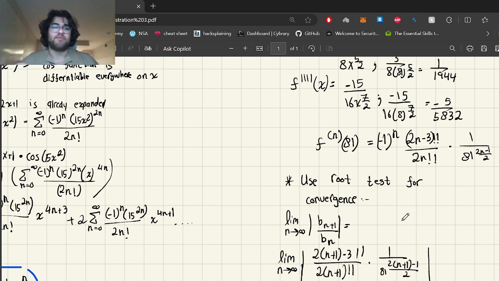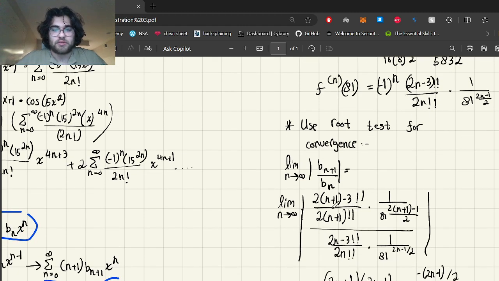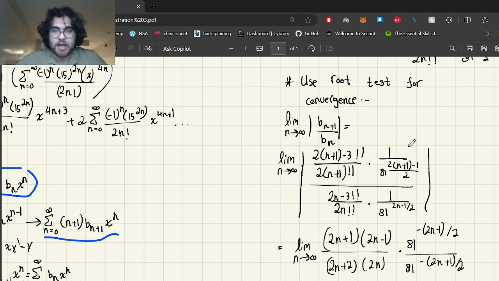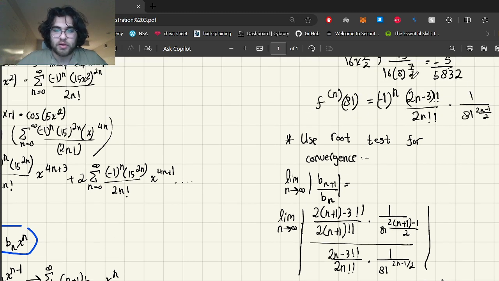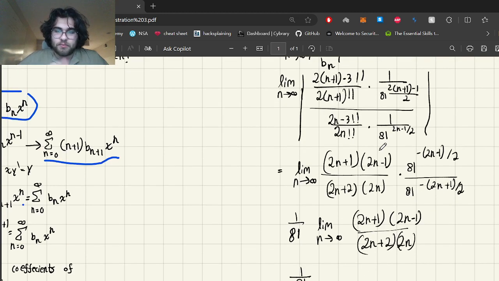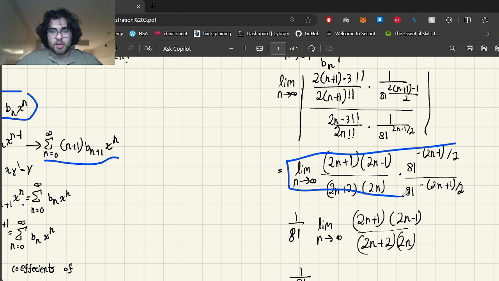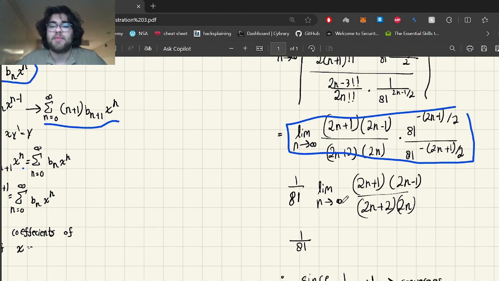We take absolute values. We put b(n plus 1) over bn, which gives us this limit right here after inserting n plus 1 into our function. After some nasty algebra, a really complex algebra, we get this solution right here. And after more simplification, we get 1 over 81 times the limit as n approaches infinity of (2n plus 1)(2n minus 1) over (2n plus 1) times 2n.